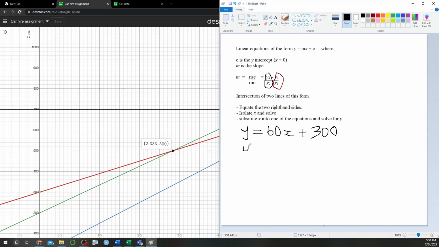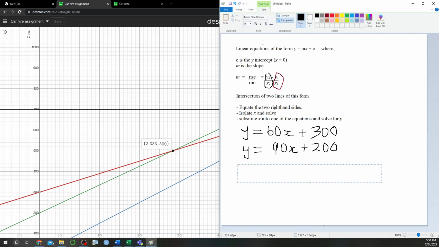The other option is y equals 90x plus 200. So there's my two equations. Now, what do I do? Well, I equate the two right-hand sides.